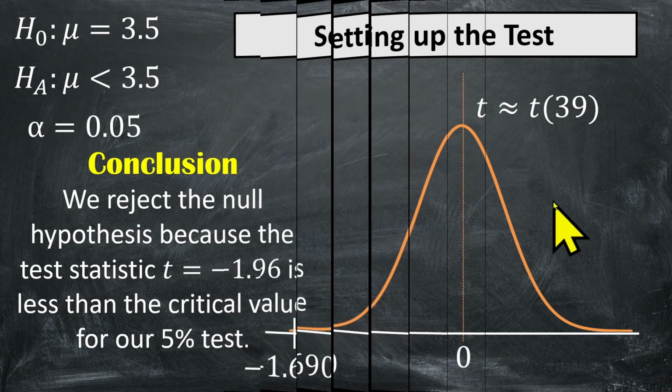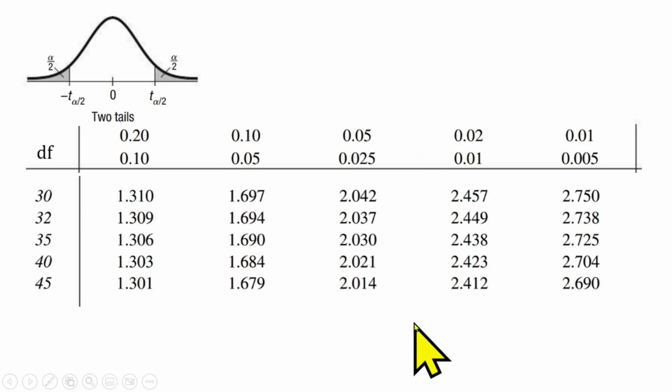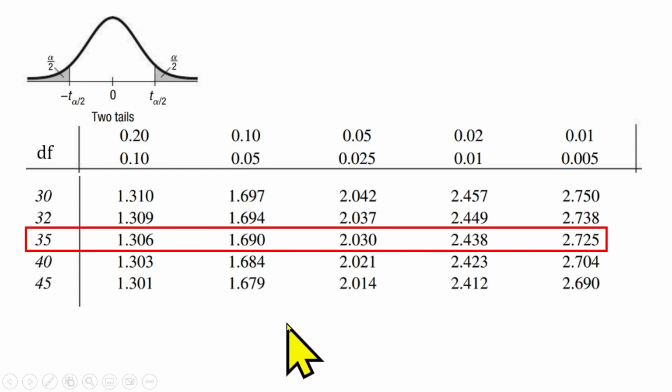And so to do that, we need to go again to our t-table. Again, we're working with 35 degrees of freedom because that's the best we can do with our table. And now the idea is for a lower tail test, if we put right here our test statistic, minus 1.96, the area in that lower tail is the p-value of the test.